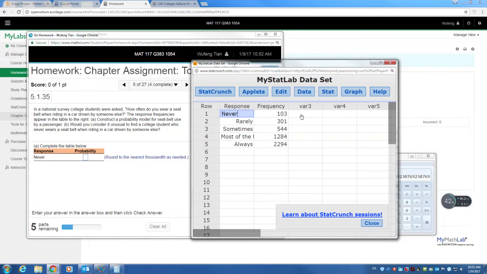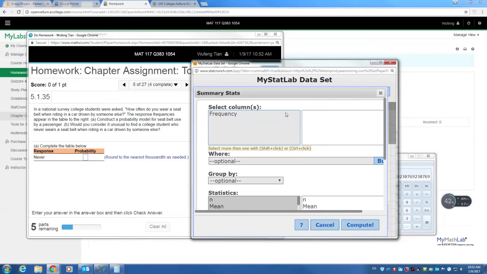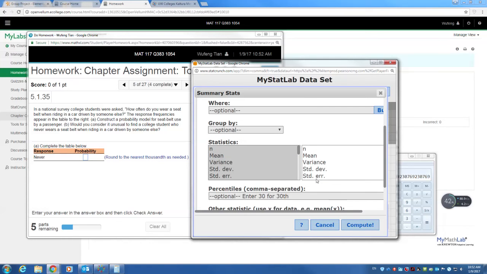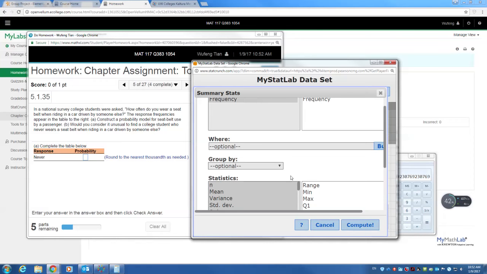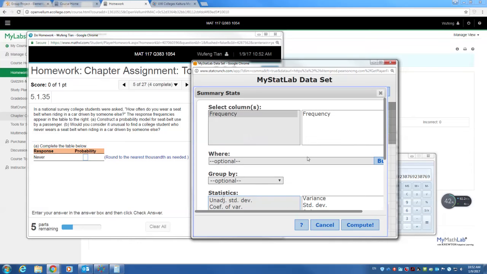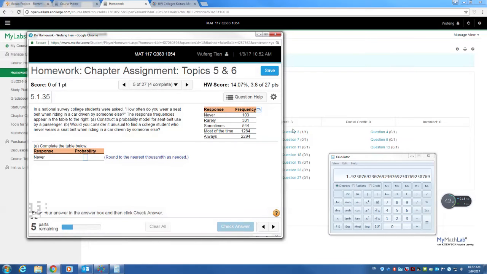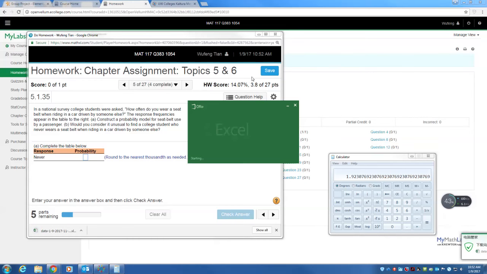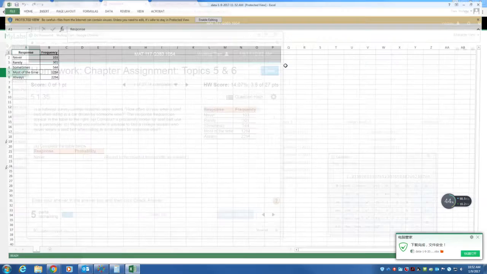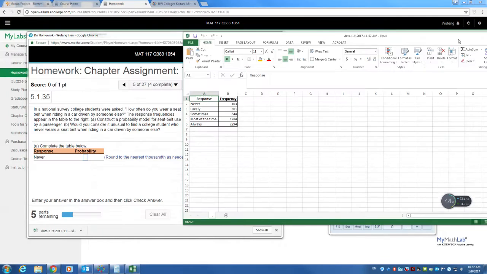Probability is kind of like a frequency. So let me see if I can do it from this one. Let me just do it in Excel. If you open the Excel, you're going to see the numbers.